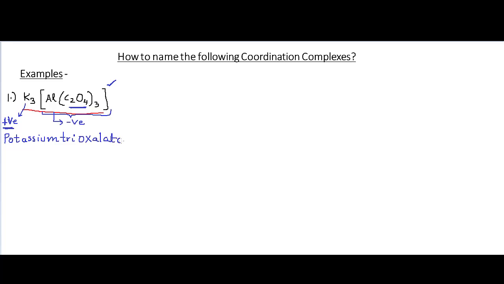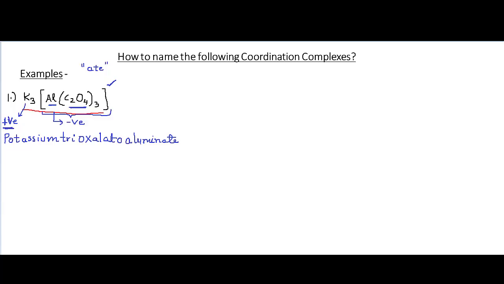And then one more rule that we had discussed previously: the central metal ion here is aluminium, and if that is in the negative coordination sphere, then the suffix will be ate. So it will be named as aluminate.